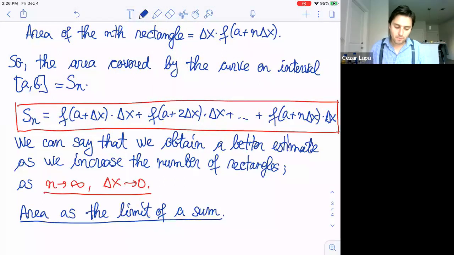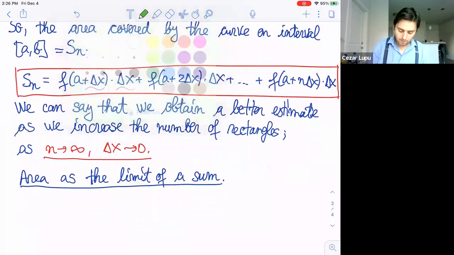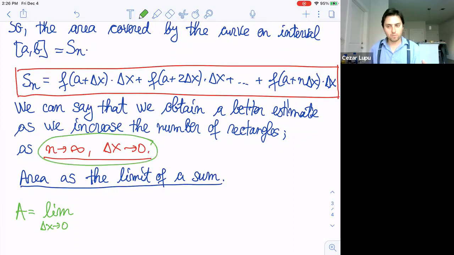So the area will be nothing else than the limit as delta x approaches 0. Because we have seen previously, as n approaches infinity, delta x will be small enough, so we'll approach 0. And this will be nothing else than the limit as delta x approaches 0 of Sn.